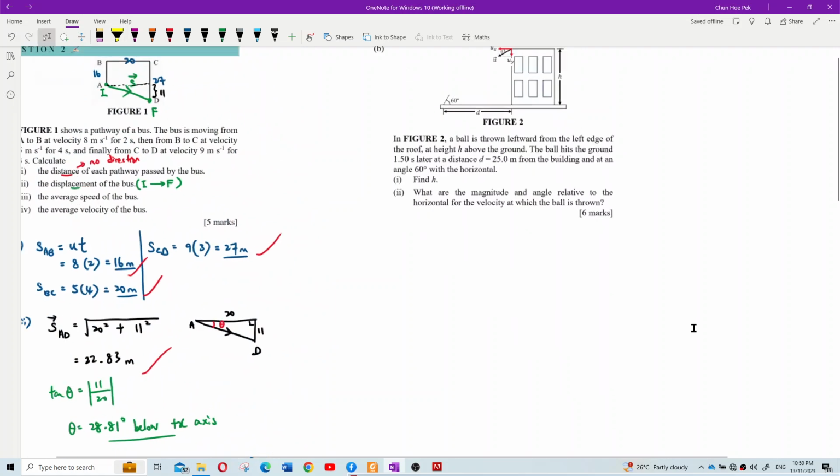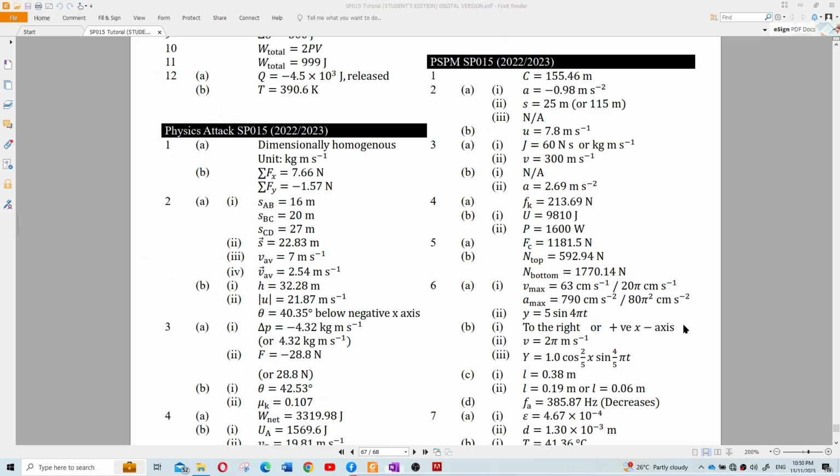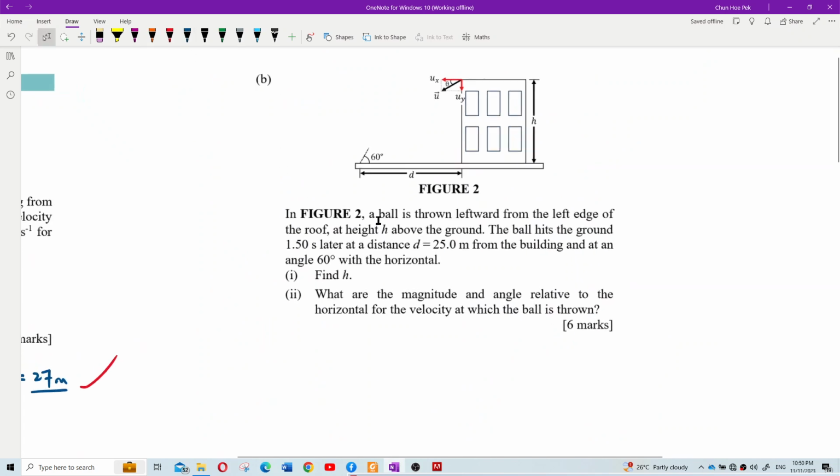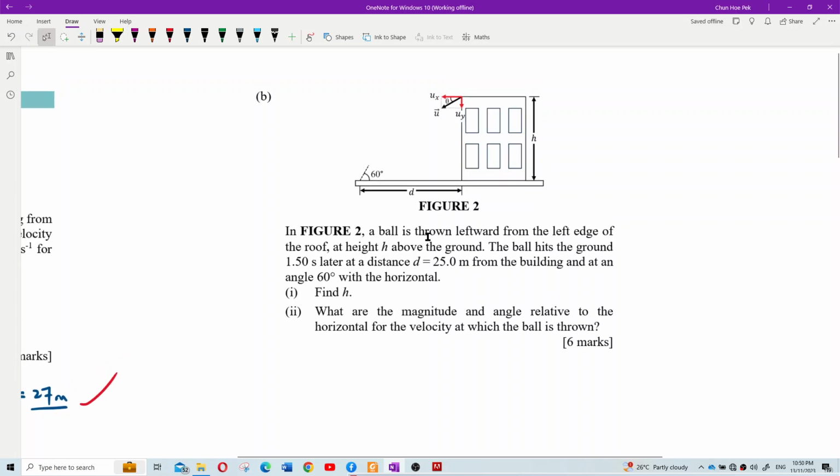Okay, now let's continue with question B. In figure 2, a ball is thrown leftward from the left edge of the roof, a height h above the ground. The ball hits the ground 1.5 seconds later at a distance 25 meters from the building, at an angle of 60 degrees to the horizontal.